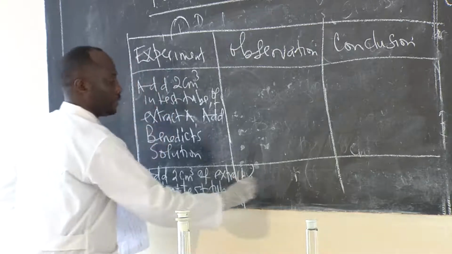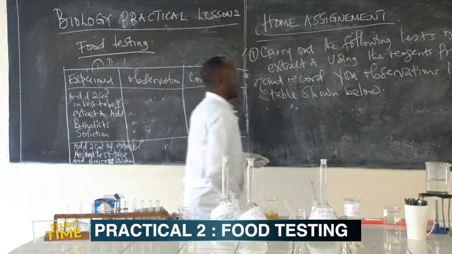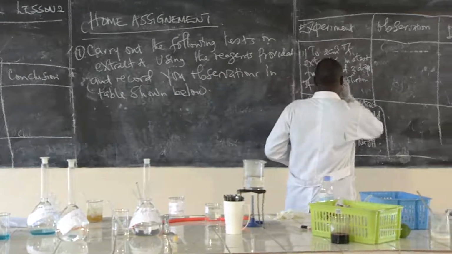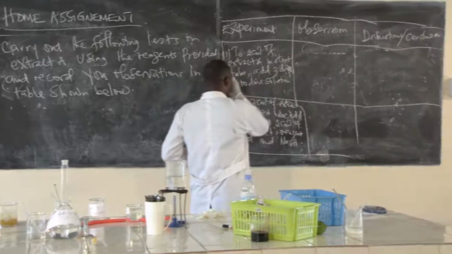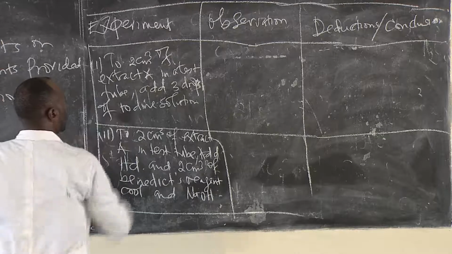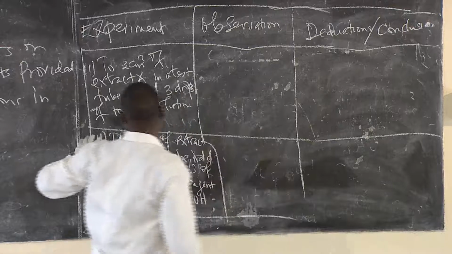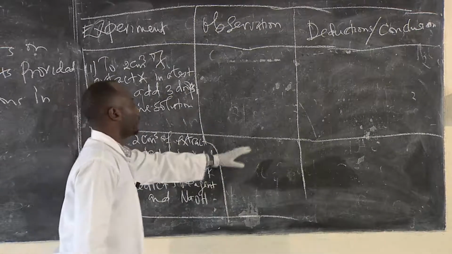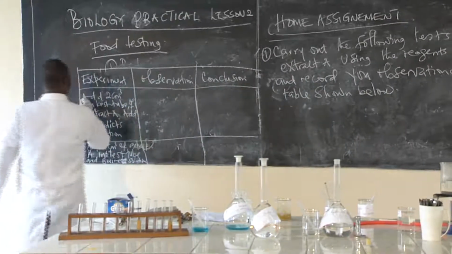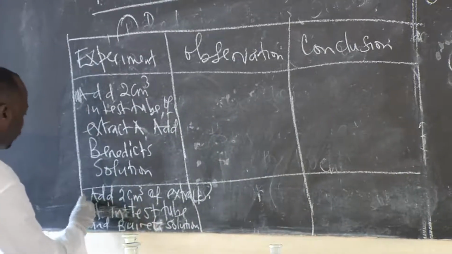Then make the observation and the conclusion. So you can see, as you try to observe properly, there are 3 experiments. This is Roman 1. You add this one, and you make the observation and the deduction. This is question 2. You do observation and conclusion. So experiment 3, this is Roman 3. You also do the same up to Roman 4.